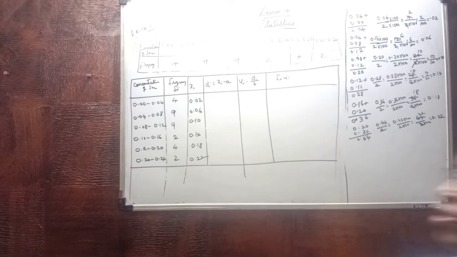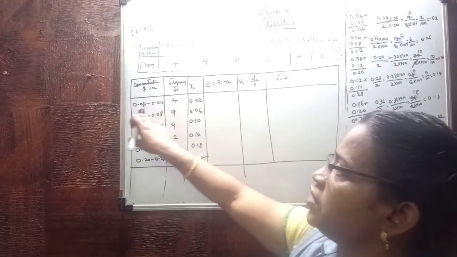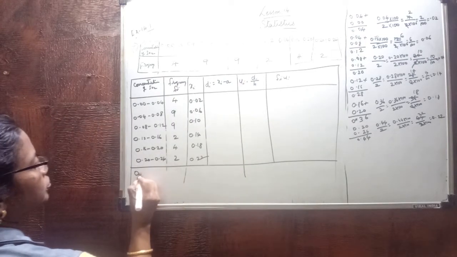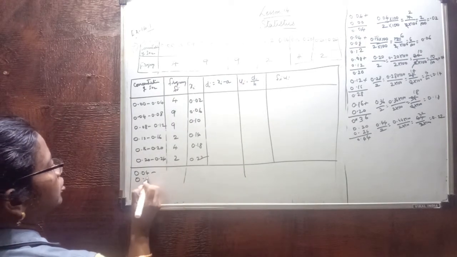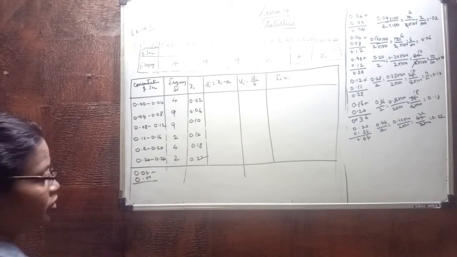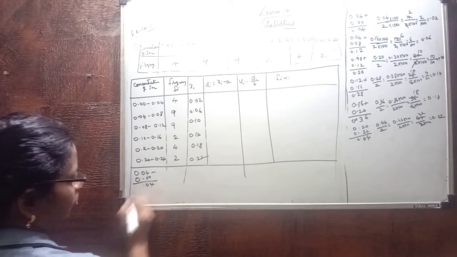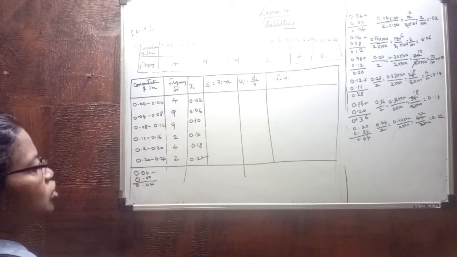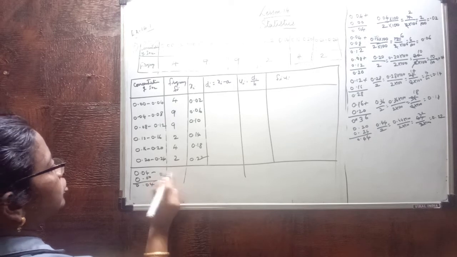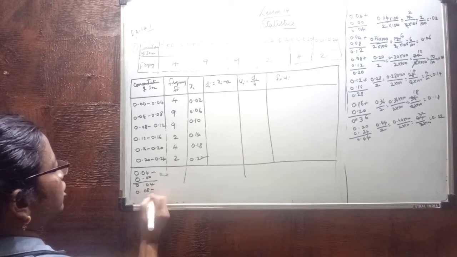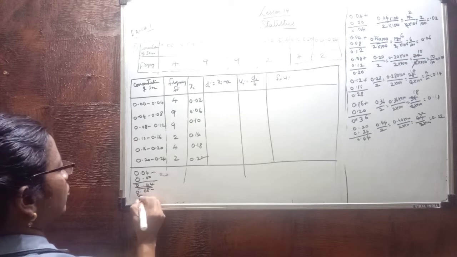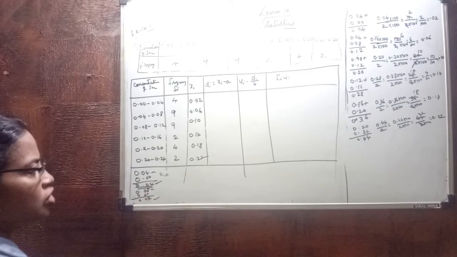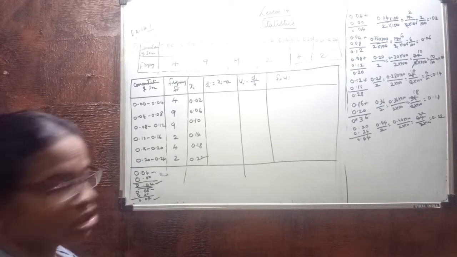One more thing you have to remember now. What is the difference between these two? 0.04 minus 0.00, upper limit minus lower limit. You get the answer 0.04. Next one also 0.04: 0.08 minus 0.04, you get the answer 0.04. So everything is at 0.04.